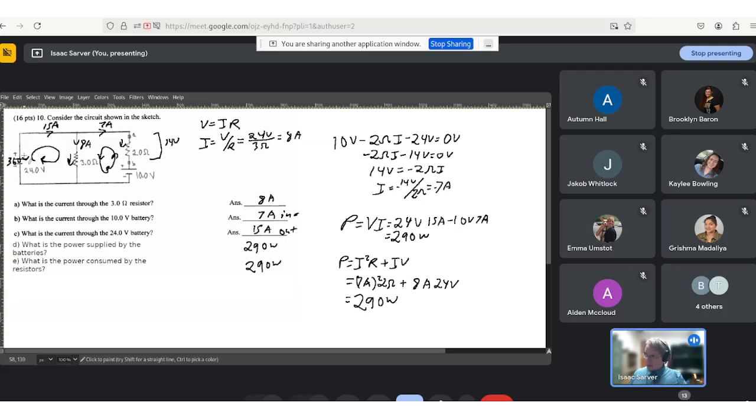And the other one, 290 minus 360, yeah, he's consuming 70 watts as he's charging up. The net power produced by the batteries is 290 watts, which is matched by the power consumed by the resistors, 290 watts. It all makes good sense. We have made 290 watts and we're getting rid of 290 watts. Ta-da. Questions? Makes sense?